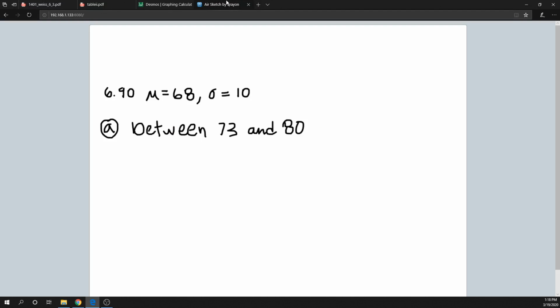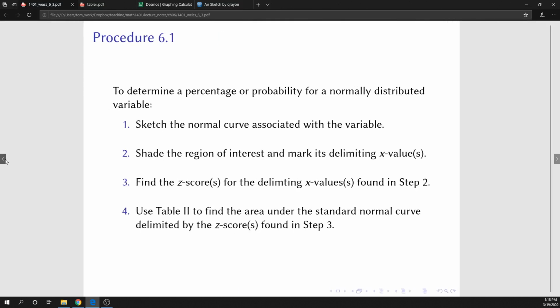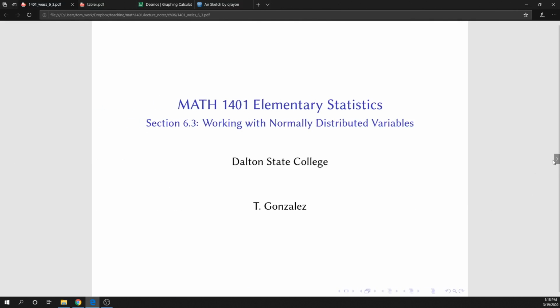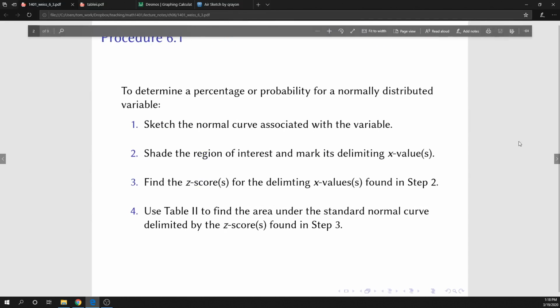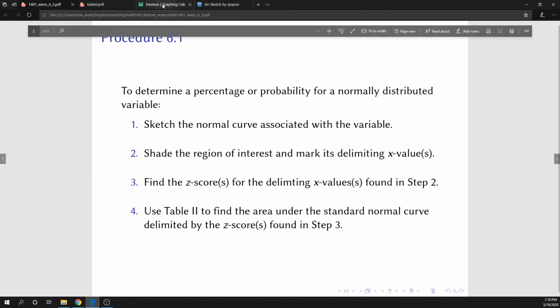Referring back to procedure 6.1, the first step is to sketch the normal curve associated with the variable. So we're going to sketch that out.